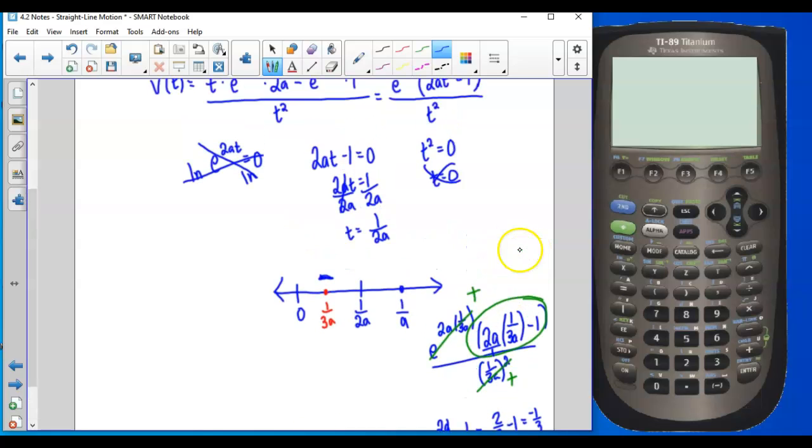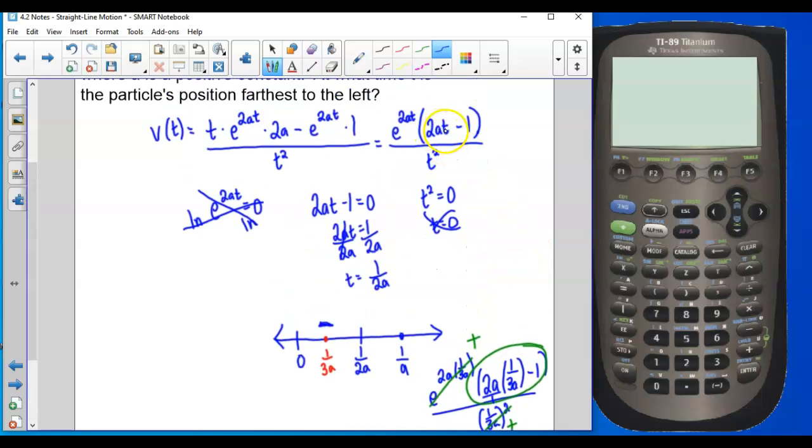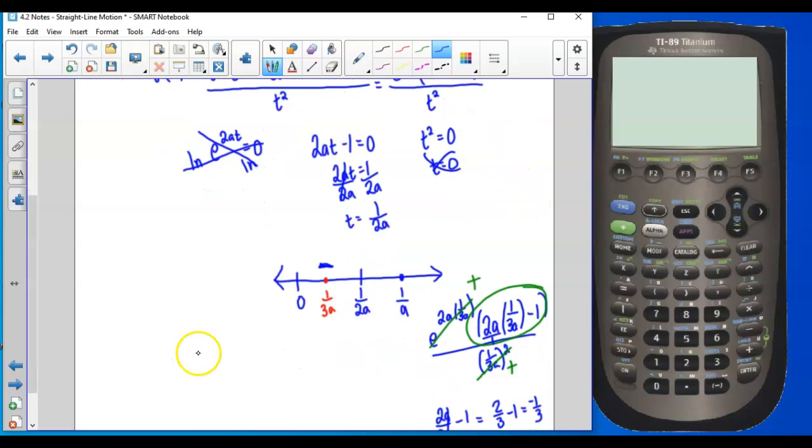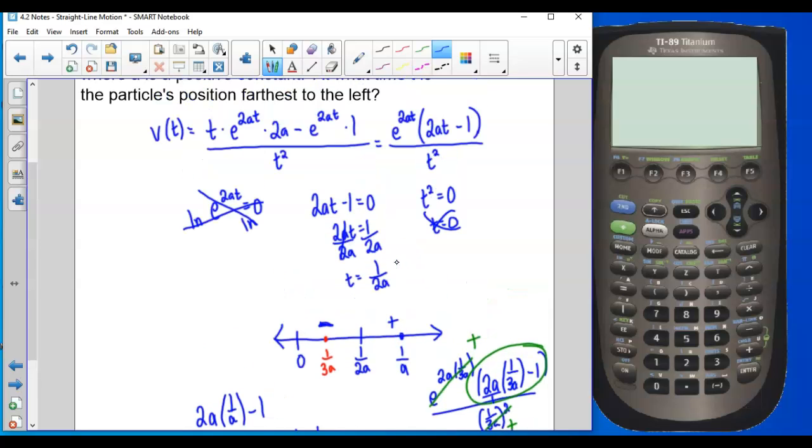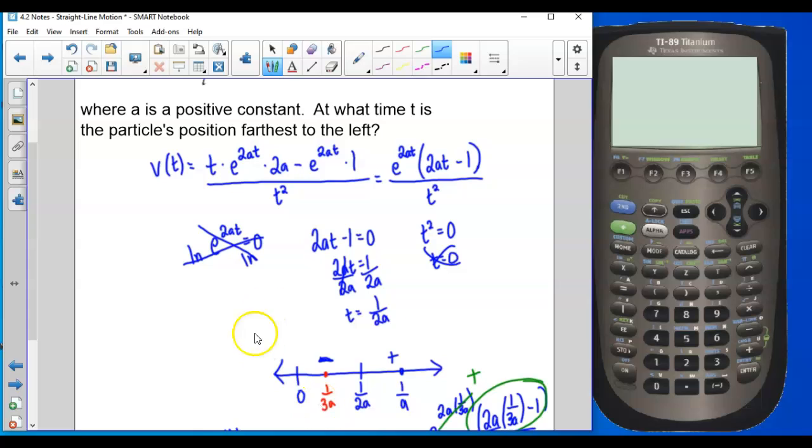It really only matters about this 2at minus 1. So if we do 2a times 1 over a, minus 1, then we have 2a over a minus 1. The a's will cancel, and we'll get 2 minus 1, which is 1. So we get a positive over here. So we can see that at this point, this is our velocity.